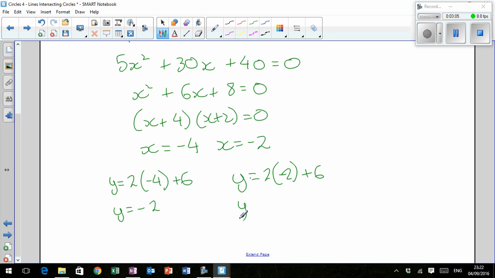Negative 4 plus 6 is just 2. So your 2 points of intersection are (negative 4, negative 2) from the first, and from the second, (negative 2, 2). And that's you done. That's how you're going to solve it, just like you would solve any point of intersection using simultaneous equations.